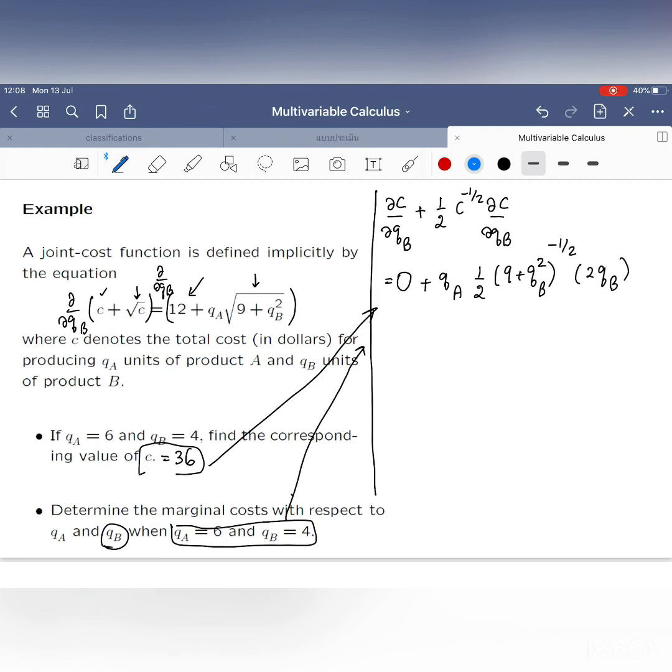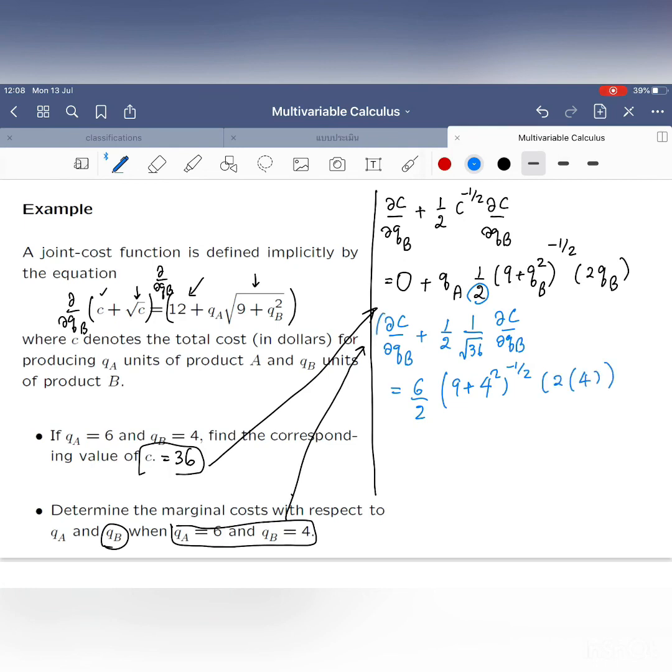So after plug in, this is DC by DQB, and this one again is 1 over 2 and 1 over the square root of 36, DC by DQB, equals QA is 6, and then over 2, and then 9 plus 4 squared raised to the power negative 1/2, and 2 QB is 4.